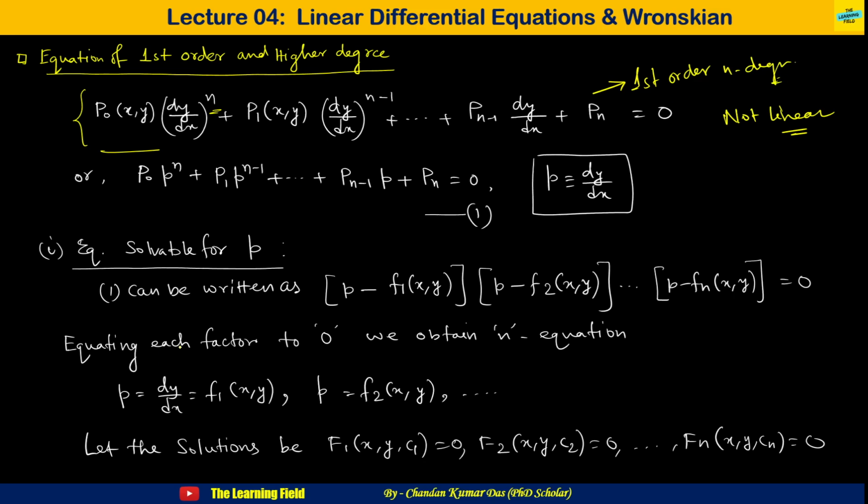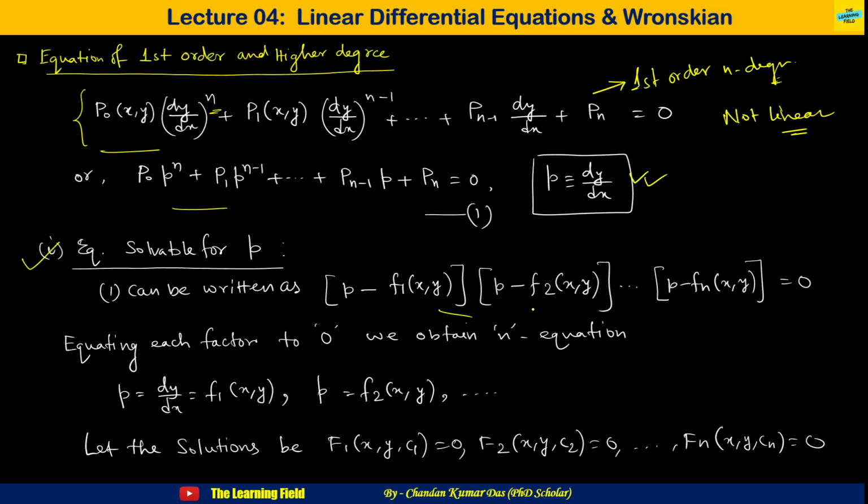Fine. So what is the solution process for these types of equations? One method is the equation solvable for p. Suppose this differential equation can be written as (p - f1)(p - f2)...(p - fn) = 0, where p means dy/dx.